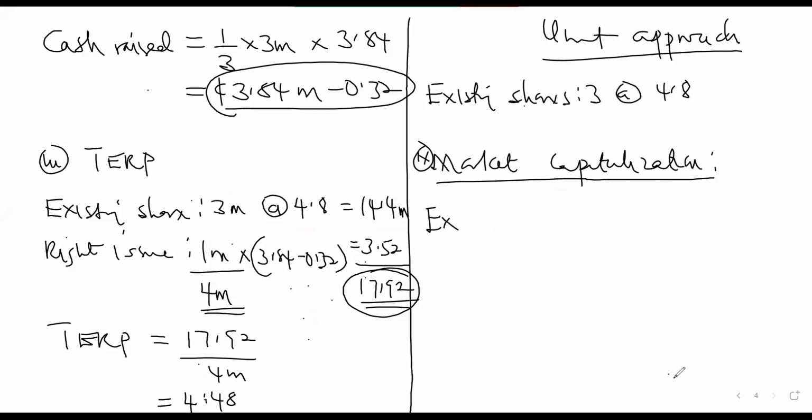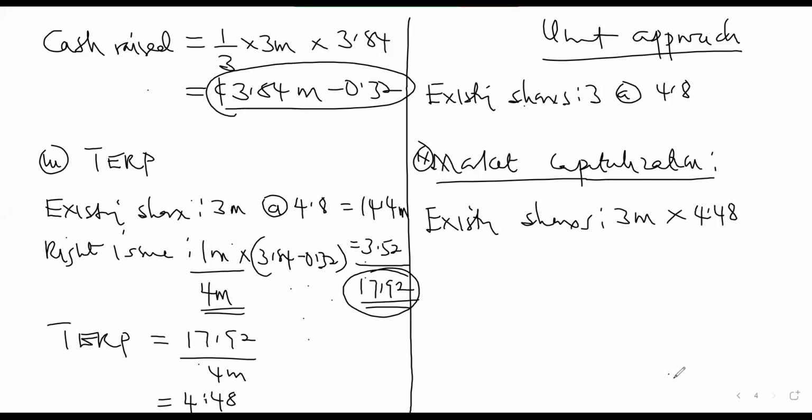It will be the existing shares. The existing shares are 3 million, and these shares will now be valued at what after the rights issue? 4.48.